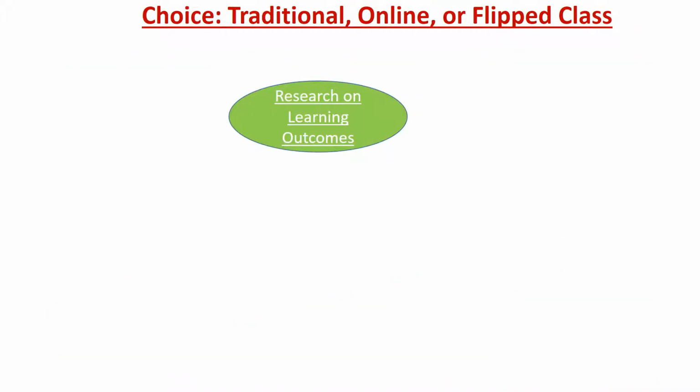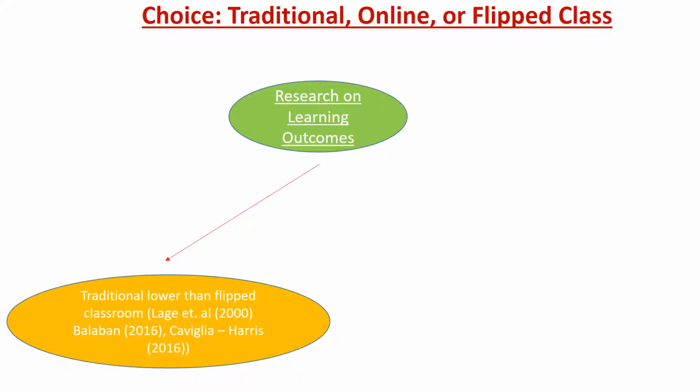Now, how do students perform under alternative methods of teaching has become an active area of research on learning outcomes. What the existing research shows is that learning outcomes under the traditional classroom is lower than what we have under a flipped classroom.